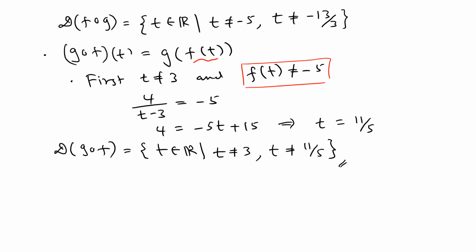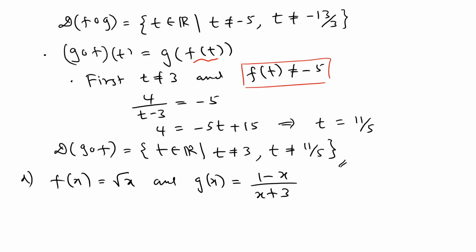Good. So let's go to the last problem of this one, which is f(x) equals square root of x, and g(x) equals (1 minus x) over (x plus 3). Again, we can look for the two domains.